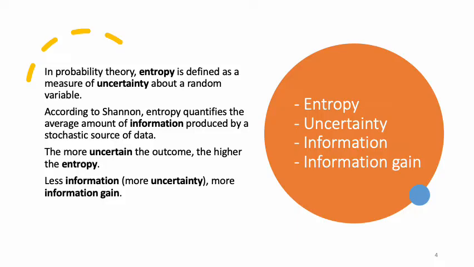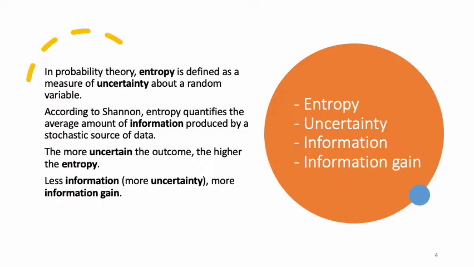In this lesson, we will use Shannon entropy, a fundamental concept in information theory. According to Shannon, entropy quantifies the average amount of information produced by a stochastic source of data. It measures the uncertainty or unpredictability of the random variable's possible states.